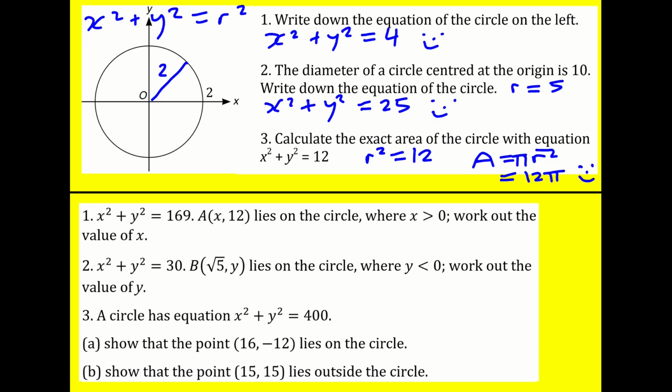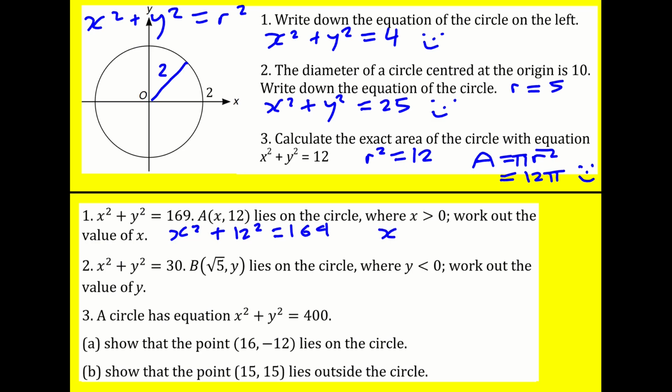Moving on to some slightly trickier ones. So x squared plus y squared is 169. (x, 12) lies on the circle where x is greater than 0. Work out the value for x. So I can substitute in my value of y to figure this out. It's going to be x squared plus 12 squared is 169. That's 144.